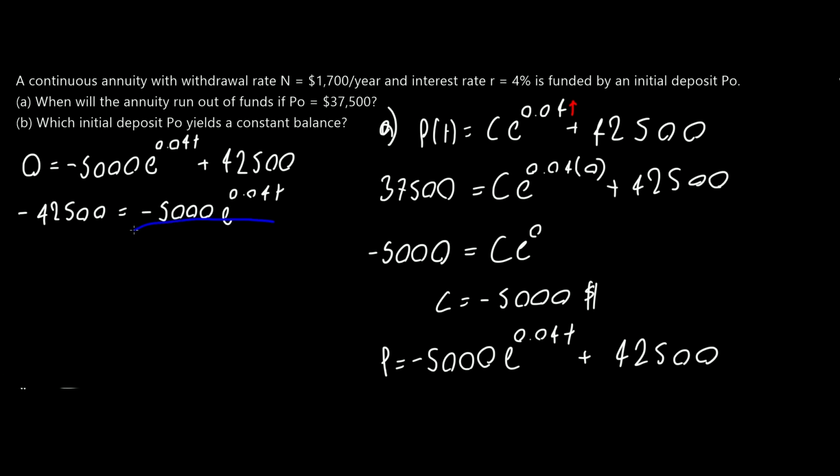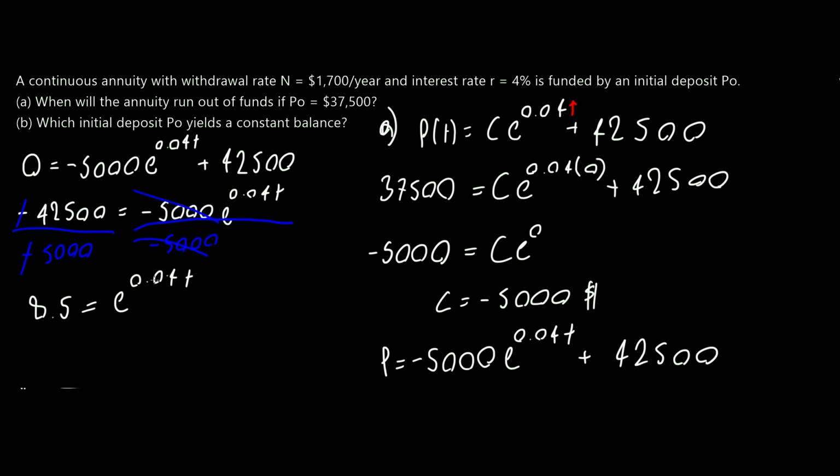So now let's go ahead and divide both sides by negative 5,000. Firstly, our negatives will cancel, and then this will cancel this. So we're going to be left with 8.5 equaling e to the power of 0.04 t.